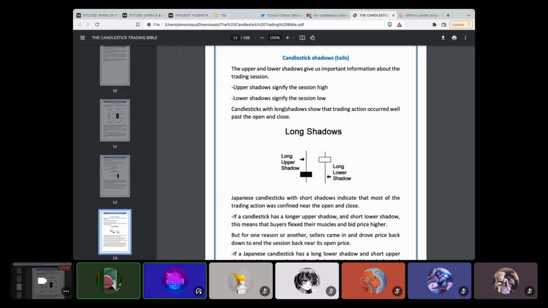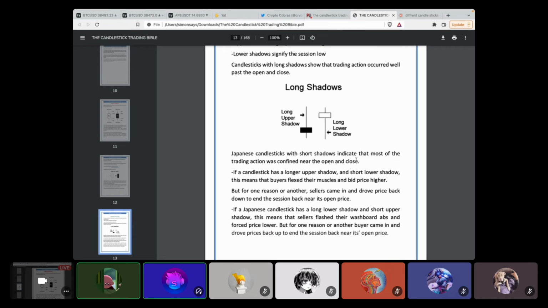Candlesticks with long shadows show that the trading action occurred well above or below the open and close. So look at where the candle opened, but it actually tested the highs, but it was ultimately rejected. Here we tested the lows, but we held support.